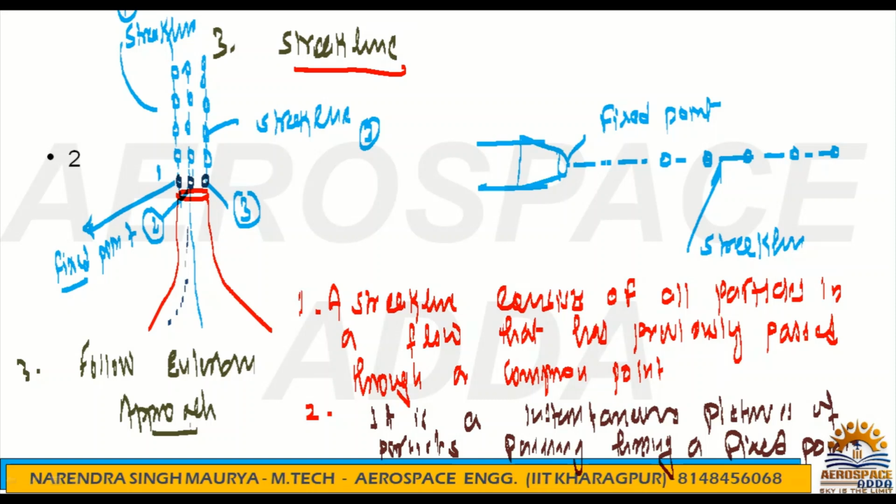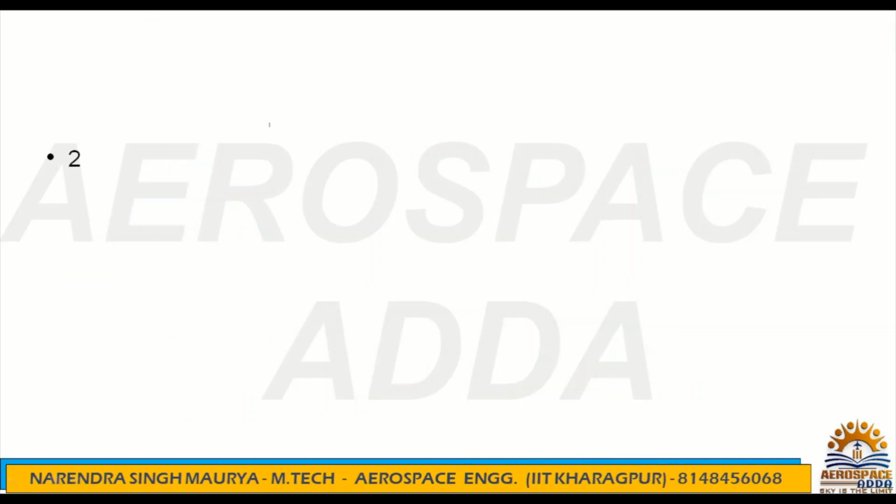How do we obtain this streak line? I told you, take instantaneous photographs of selected particles that have passed through a given location in a flow field. If you want to observe a streak line, you can observe it that way. Suppose this is a cigarette, and the cigarette is burning, so obviously smoke particles will be coming, all going like this.